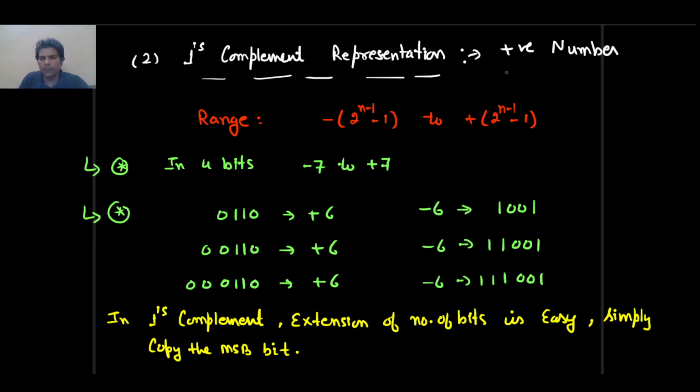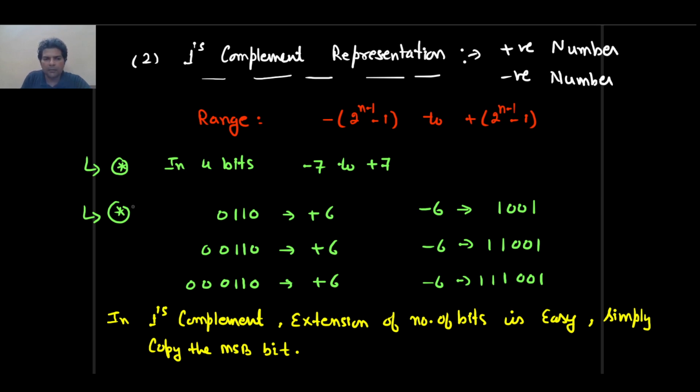Clear? But the negative number is represented by taking the ones complement of the corresponding positive number. Clear? So the range is also the same as we have in the sign magnitude representation.